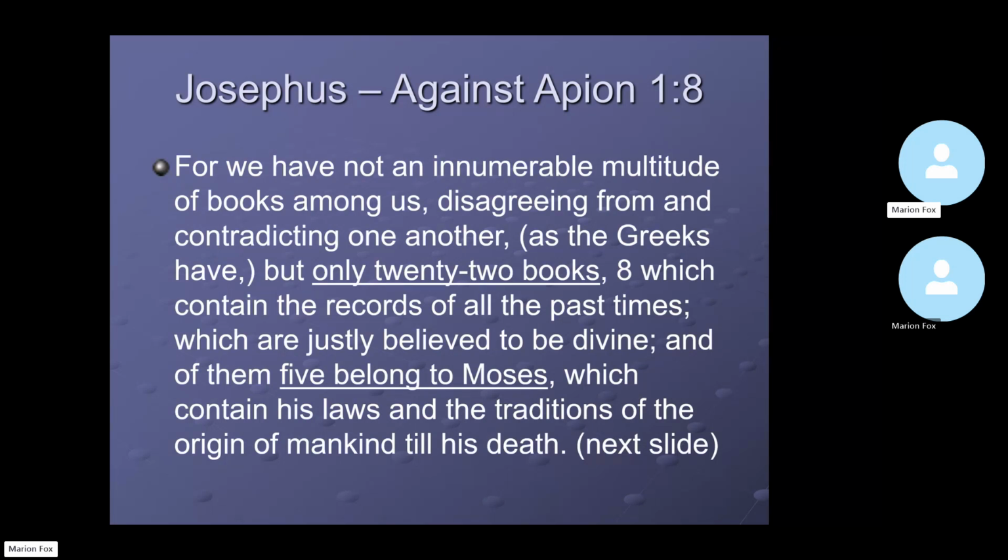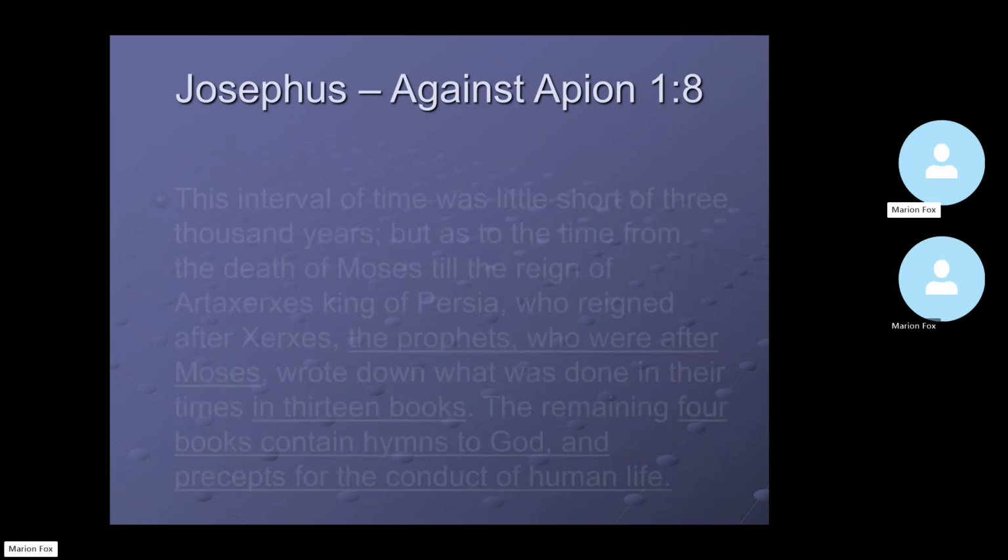"They are 22 books, which contain the records of all the past times, which are justly believed to be divine, and of them five belong to Moses." That would be the Pentateuch, Genesis, Exodus, Leviticus, Numbers, and Deuteronomy, which contain his laws, that would be God's laws, and traditions of the origin of mankind till his death. Till the death of Moses, he's talking about there.